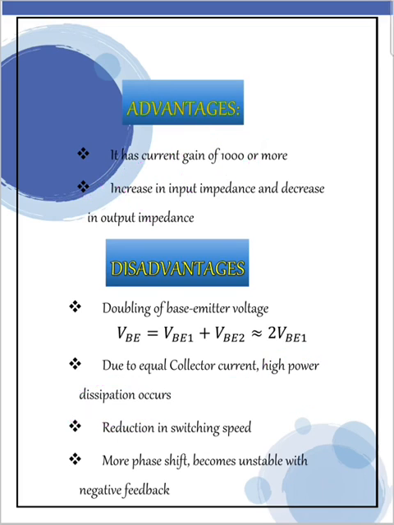Another drawback is reduction in switching speed, because the first transistor cannot actively inhibit the base current of the second one, making the device slow to switch off. That is, a delay occurs while using this Darlington amplifier, and it has more phase shift at higher frequency than a single transistor, and hence can more easily become unstable with positive or negative feedback.